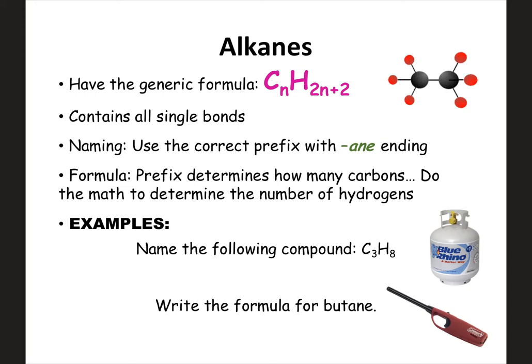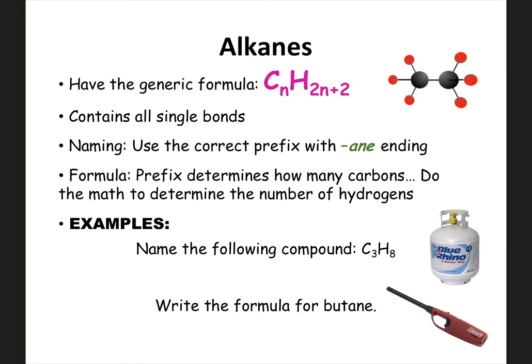The first thing to realize is, look at the number of carbons and ask how you get the number of hydrogens from it. If you take the number of carbons times 2 and add 2, and that's the number of hydrogens, then you have what's called an alkane. These have all single bonds in them. You don't need to worry about bonds yet. That's coming in bonding eventually.